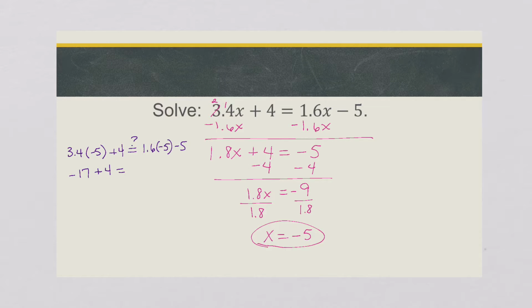On my calculator I'm typing in 1.6 times negative 5 and I get, sorry, negative 8. Negative 17 plus 4 is negative 13. Negative 8 minus 5 is negative 13, so I know that this is the correct answer.